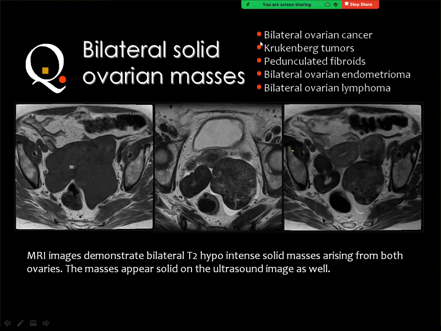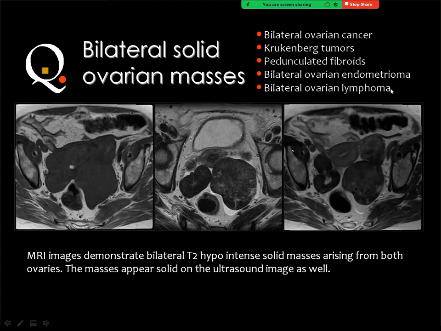Either it's bilateral ovarian cancer, or it is Krukenberg from a known primary malignancy, or pedunculated fibroids from the uterus, or bilateral ovarian endometrioma, or bilateral ovarian lymphoma.